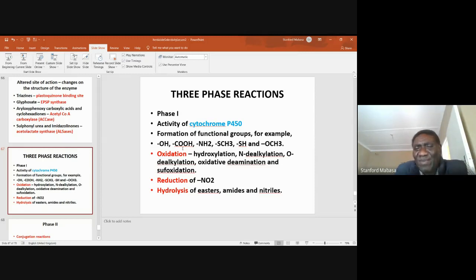Reduction is just one process where you are reducing NO2 to an amine. Hydrolysis basically may have 3 processes where you are breaking down esters, amides, and nitriles using water.